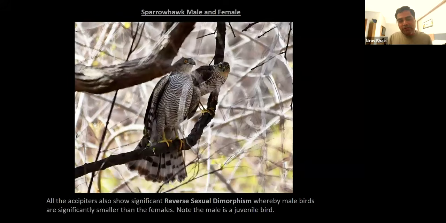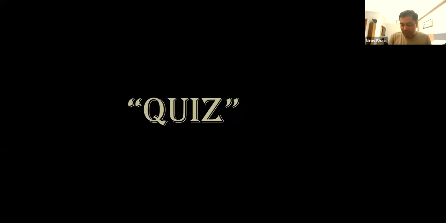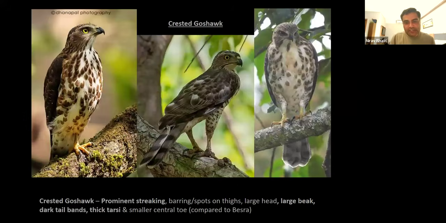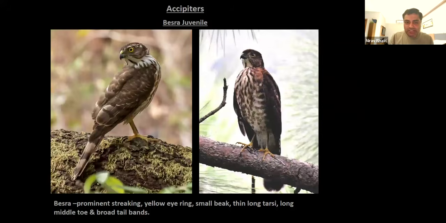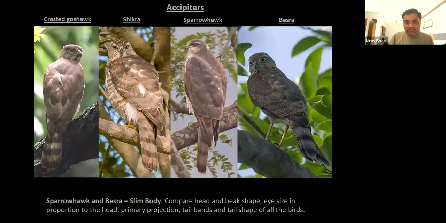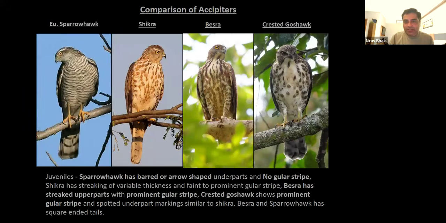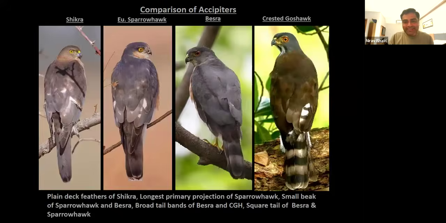So let's have a look at some quiz here. We'll see only the perched birds because we have seen all the perched birds here. Once again, I'll just go through everything.